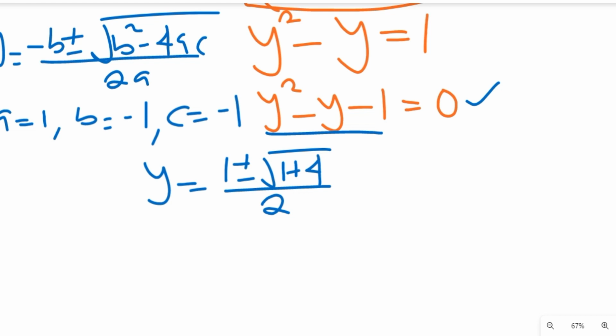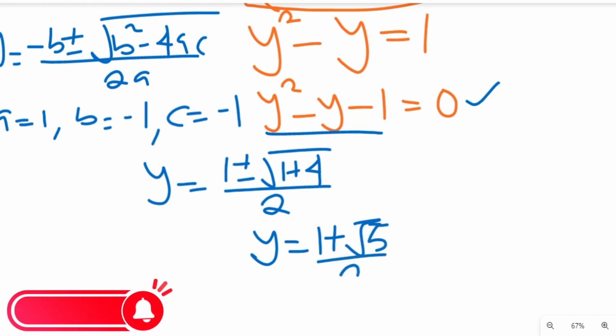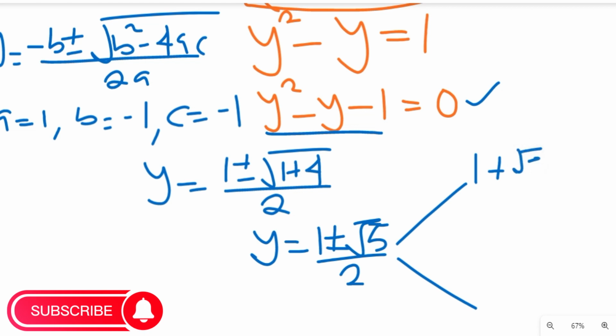And this generally will give us our y to be equal to 1 plus or minus square root of 5 divided by 2. This solution will now give us 1 plus square root of 5 divided by 2, or it can give us 1 minus square root of 5 divided by 2.